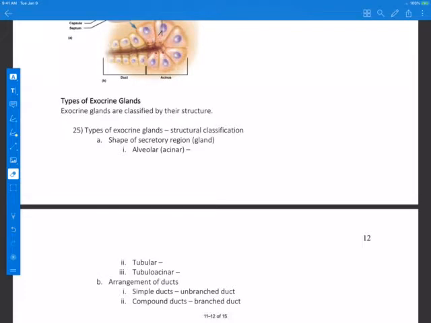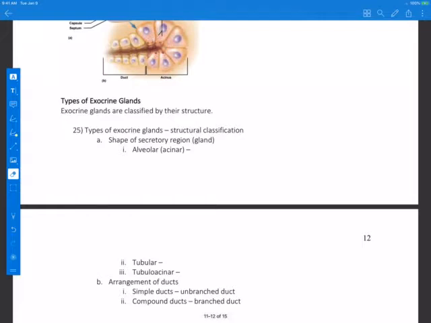And then there's a tubular shape. That's when the duct and the secretory portion have a uniform diameter. It's kind of tube-shaped. And then we have a shape where the gland part is both tubular and acinar. So it's kind of a combination of the two shapes.